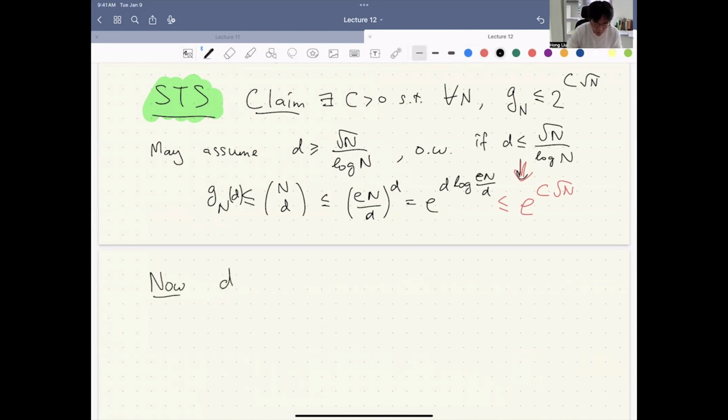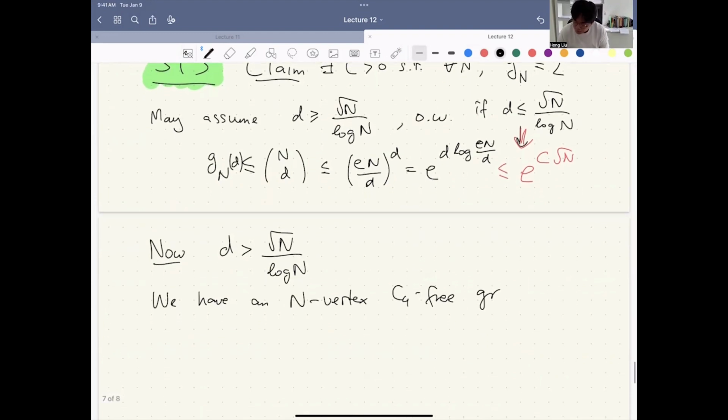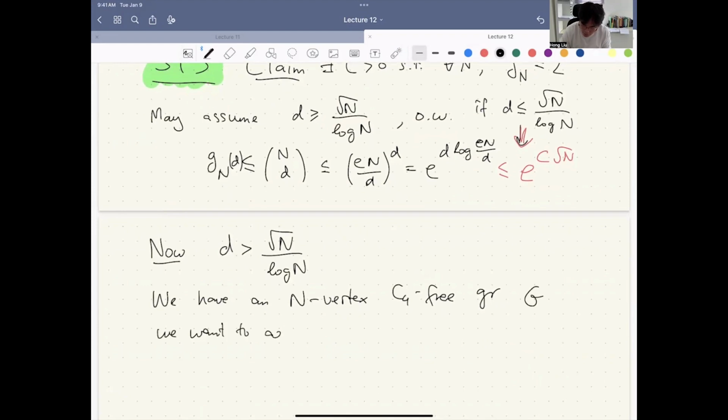D is at least square root n over log n, and we have an n-vertex C4-free graph G. We want to add a vertex V of degree d_V, at least D, which is at least square root n over log n, but at most, remember, delta of G plus 1.